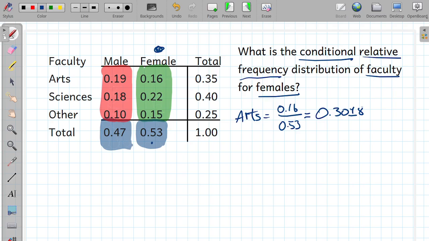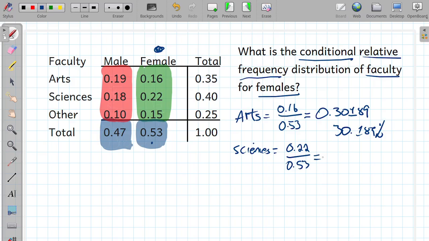30189. So we can say 30.189%. We can do the same now for the other two faculties. Sciences: here we have 0.22 out of the 0.53.